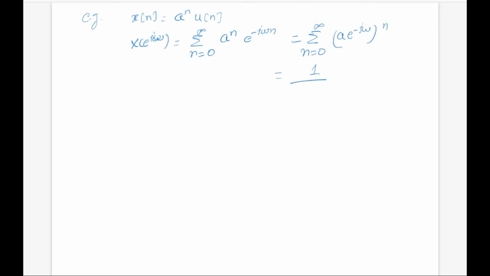We can write this as 1 over 1 minus a e to the minus j omega, if the mod of a is less than 1. So this is basically a condition. If we follow this, then the Fourier transform exists.